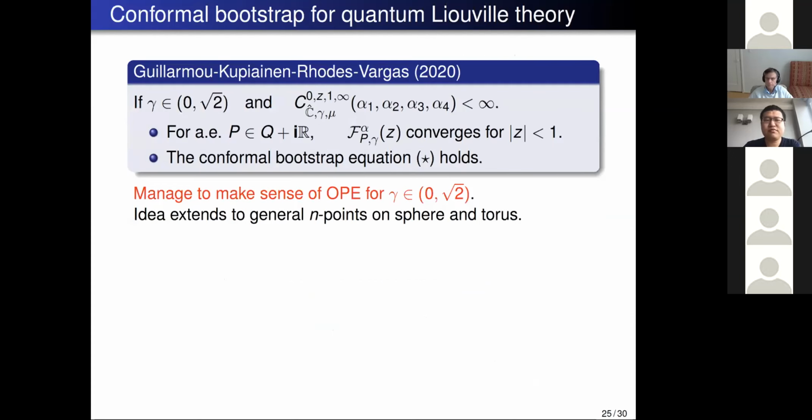In a very recent paper by Guillarmou, Kupiainen, Rhodes, and Vargas, they showed that when gamma is between 0 and square root of 2, the conformal bootstrap holds. They managed to prove it by making sense of the OPE procedure when gamma is between 0 and square root of 2. This idea extends to general n-point functions on both sphere and torus.